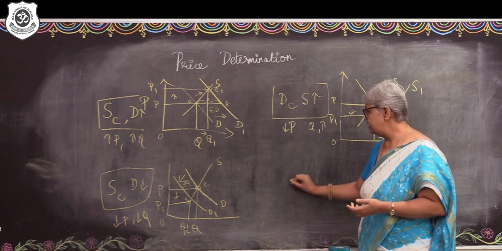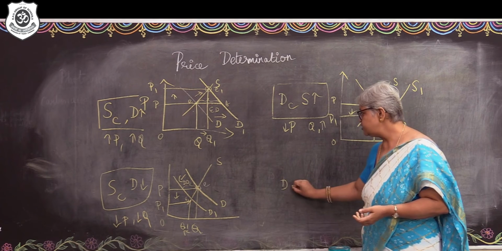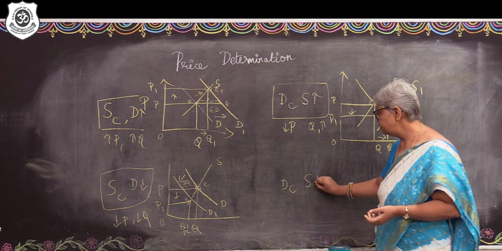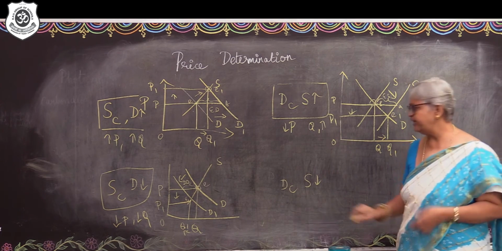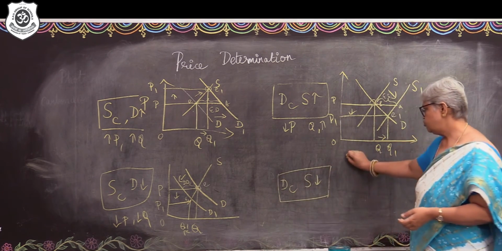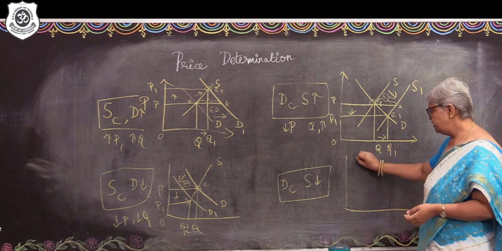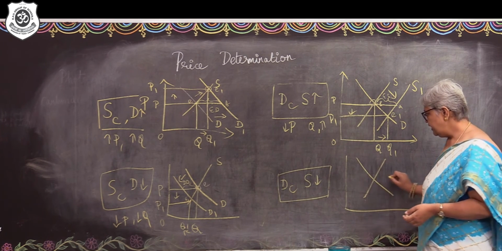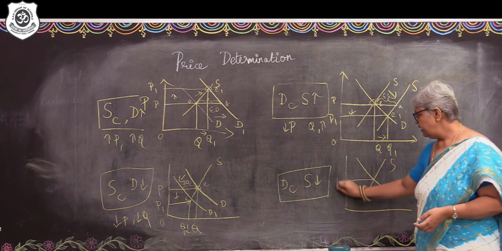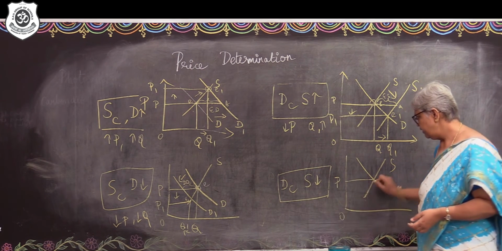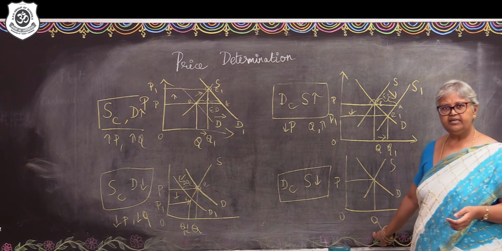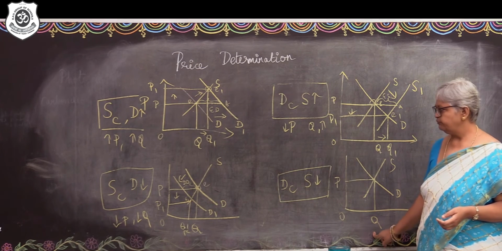So, let's understand when demand remains constant and when the supply is going to decrease, then what may be the outcome. So, let's begin with the demand and the supply equilibrium at the market price P. There is going to be OQ, which is the market equilibrium output.